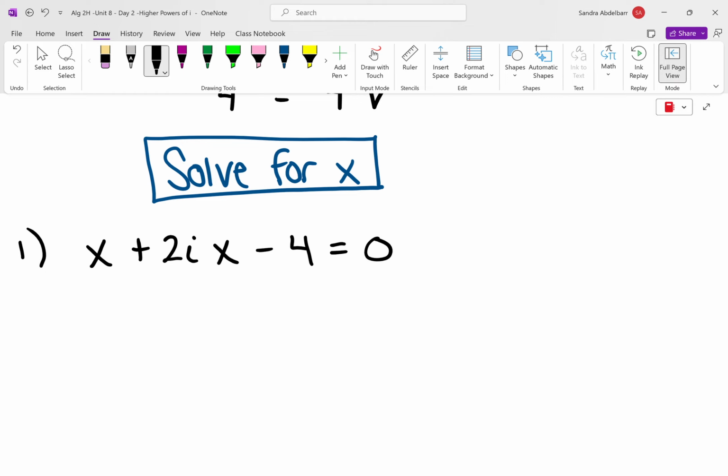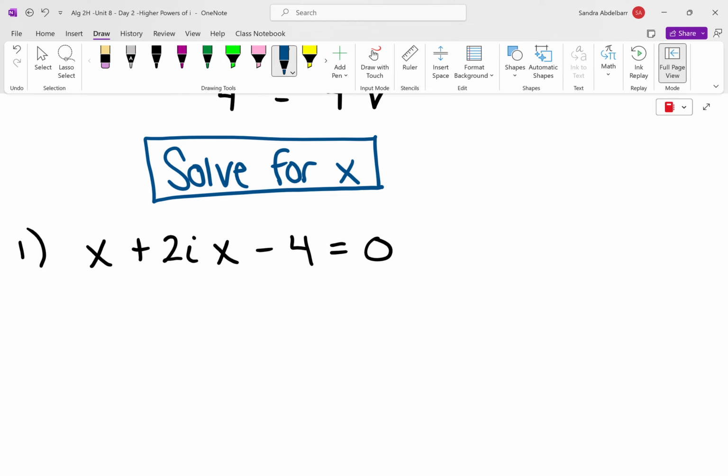Is this a factoring type of problem? It's not. How come I know it's not? Just by looking at it. Nothing is raised to a power.